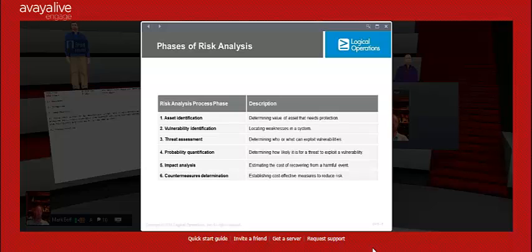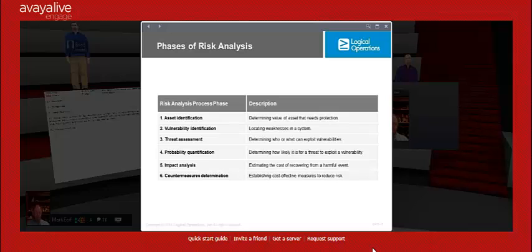Step 2, vulnerability identification. Step 2 and Step 3 can be handled simultaneously. You can identify, here's my systems, here's my assets that I've identified in Step 1. Okay, what attack vectors exist? What are my vulnerabilities? I've got a server here that contains sensitive data. Well, let's look at this.